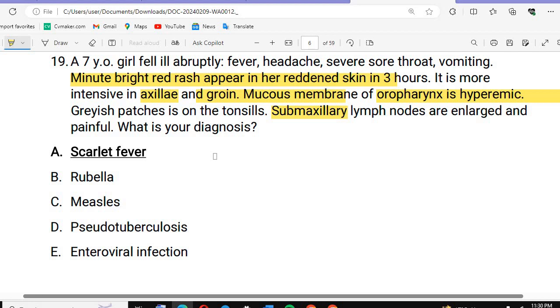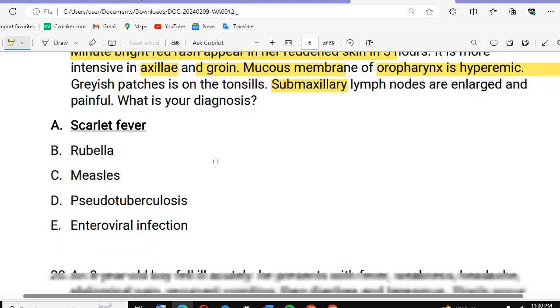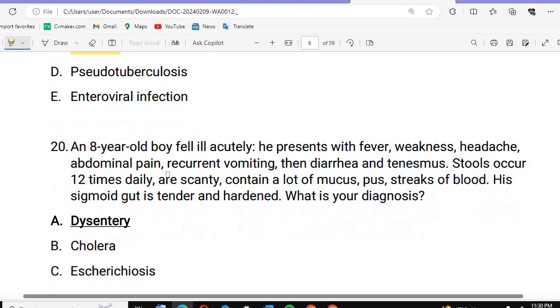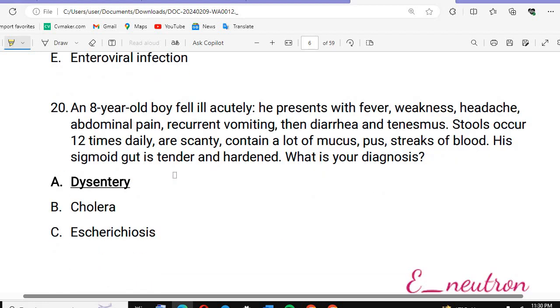In rubella we have deafness, CHD, and along with that the cataract. Measles, what will you see? We will see scarlet fever. I hope this is clear.